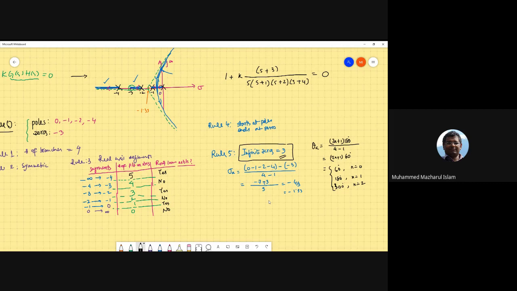In our case, we need 3 zeros. If you remember, we call the asymptotes according to the textbook infinite zeros. So we need 3 angles. We have to use 3 consecutive numbers of n, either 0, 1, 2, or 1, 2, 3, or 150, 151, 152. Any number will do as long as they are consecutive.